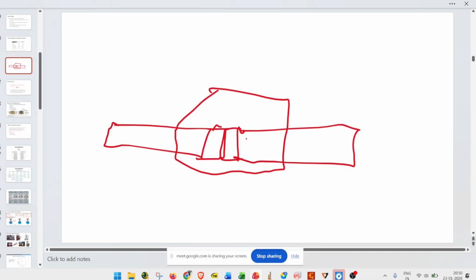So the heat affected zone will be much higher. The region where the metallurgical properties change will be much broader.